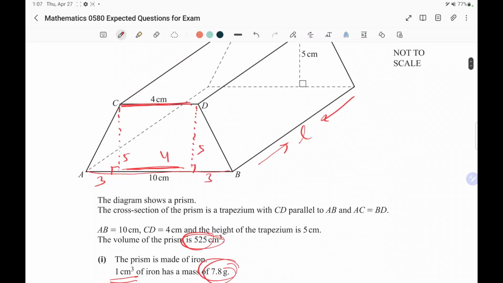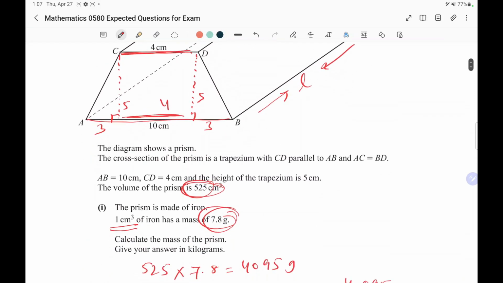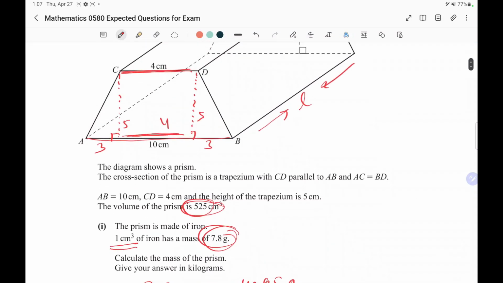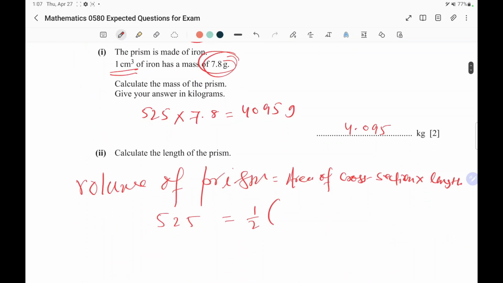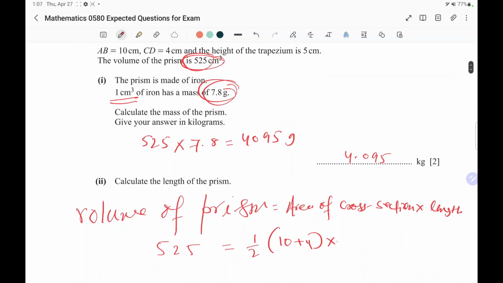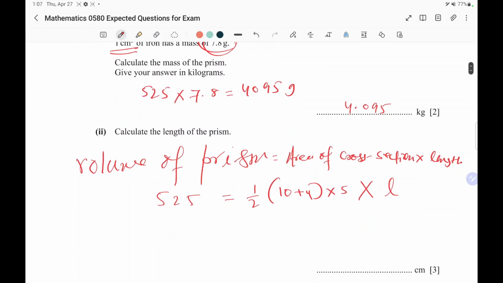The cross section this time is a trapezium, so the area of the trapezium is half times the sum of parallel sides. This is 10 and this is 4, so 10 plus 4 times the height 5, and then times the length, which is L, which we don't know.